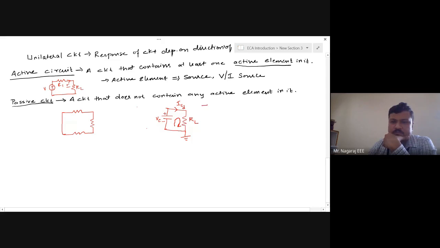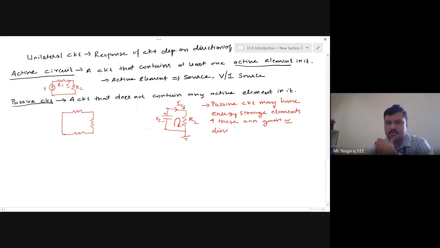A passive circuit may have energy storage elements, and these can gain or, more specifically, discharge energy.